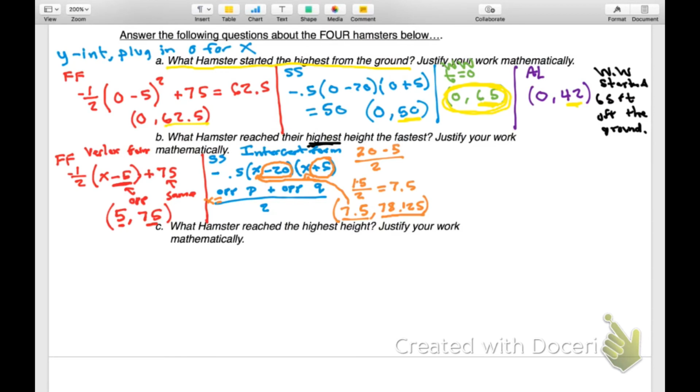Okay, now looking at the vertex for hamster 3, the Wiggling Wonder. He was the one with the chart. So he travels that trajectory, and we're looking for the number where he reaches his maximum. So we're looking at the digits.